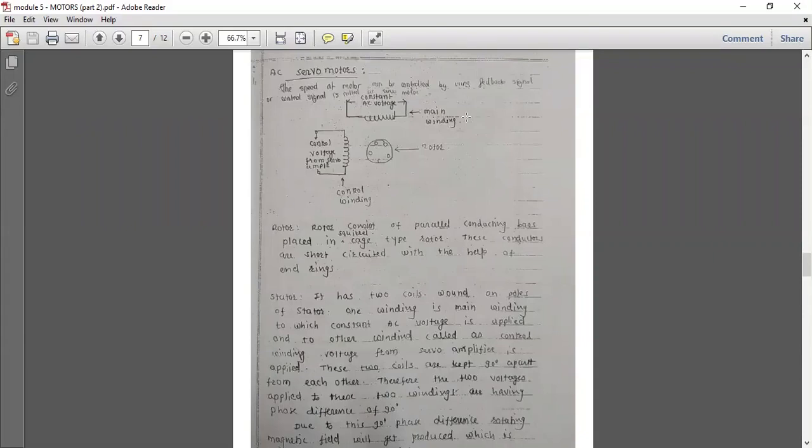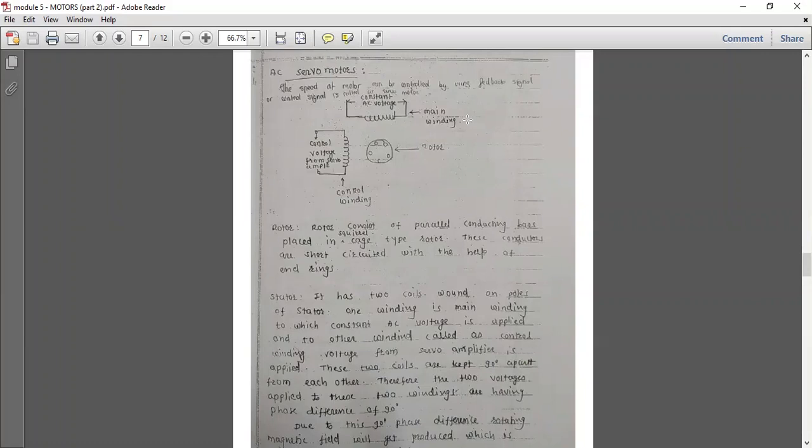And then the control voltage with respect to the AC supply goes to the servo amplifier. What do you mean by servo amplifier? If a signal is applied at the input, you get an amplified signal at the output. So if the AC signal is small, you get a large signal at the output of the amplifier.